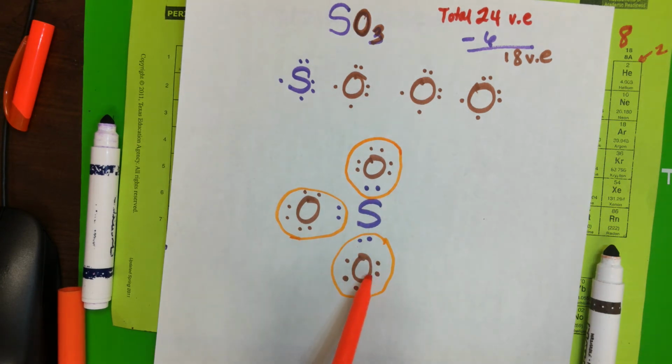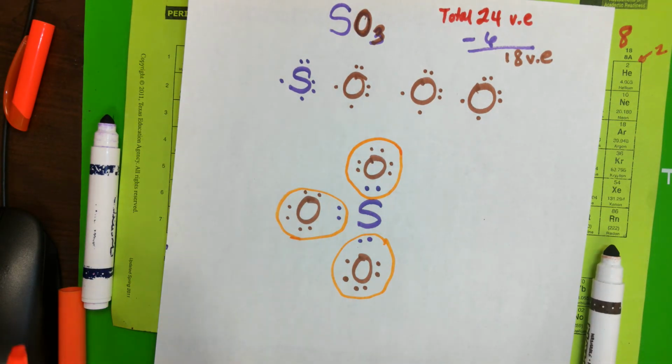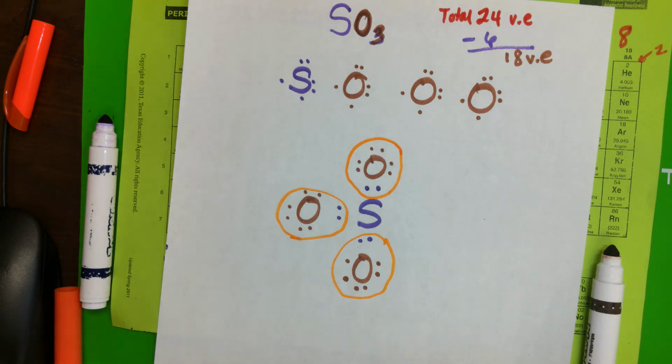So one of the pairs from any oxygen, it doesn't matter. It's really by chance what electrons are going to go, but they have to go 2. 2 up right away will fly over there to sulfur.